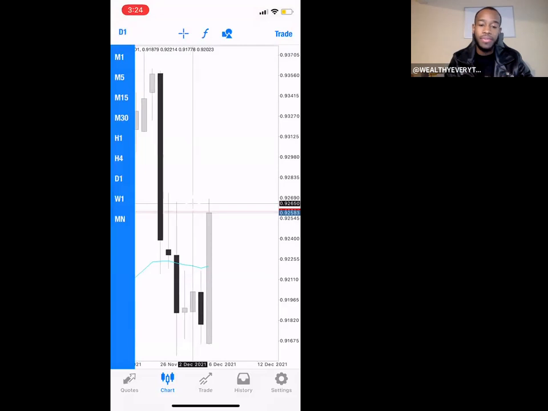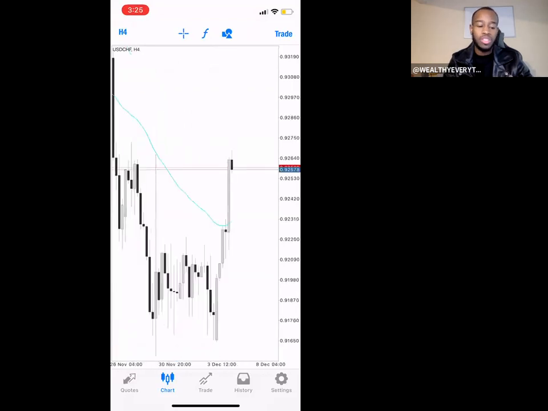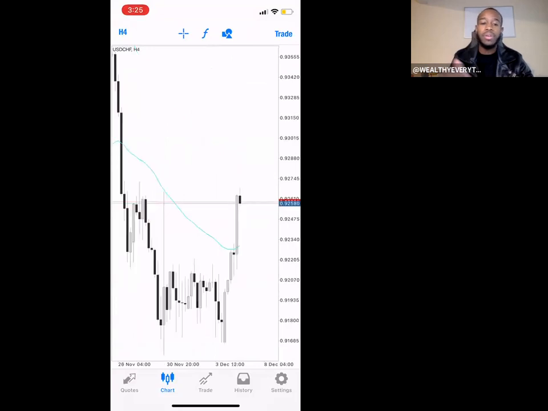If I click from the daily and go to H4, all it did was make the candle's duration a little bit less. Instead of each candle being 24 hours, now all of these candles are 4 hours of the price actually moving. Let's look at this last up candle, the gray one.